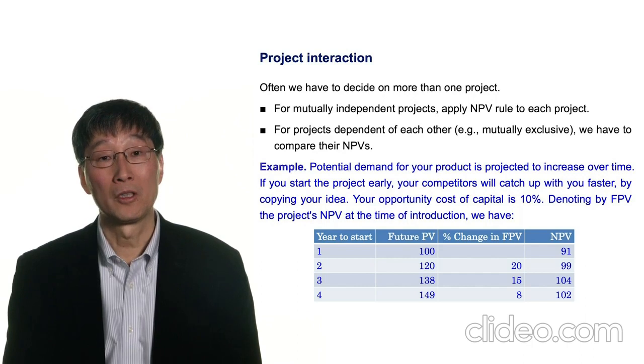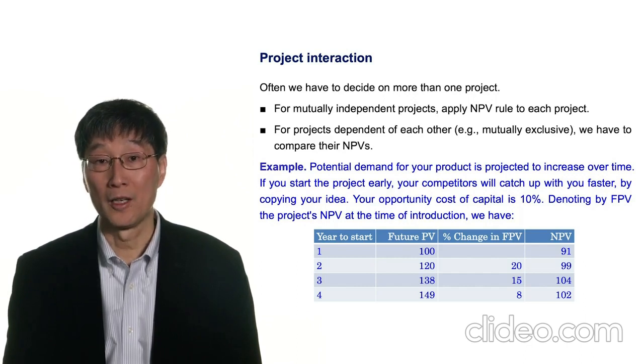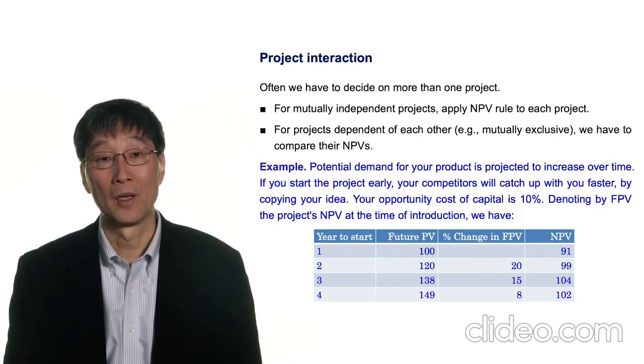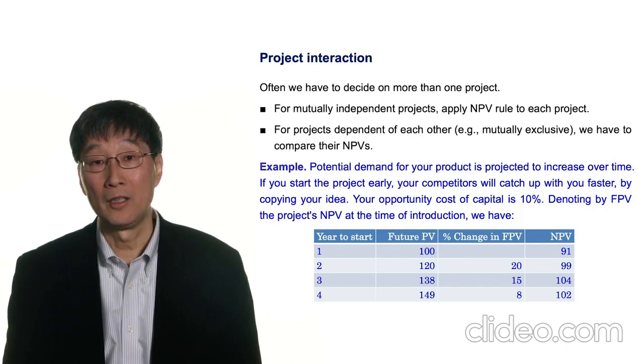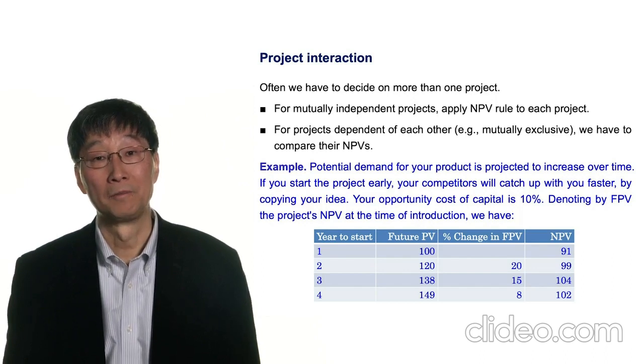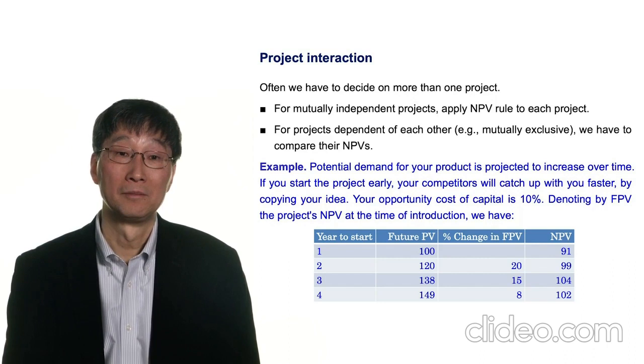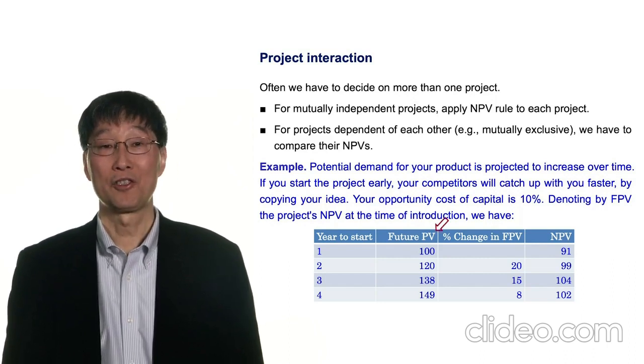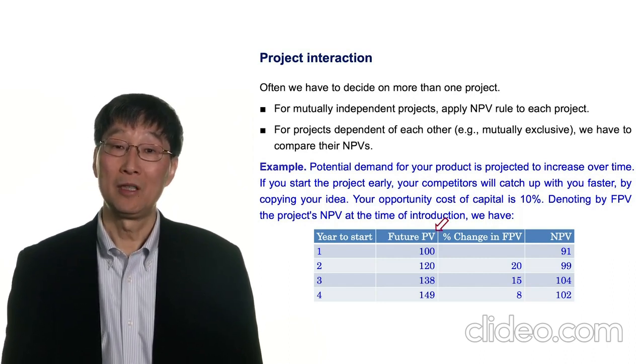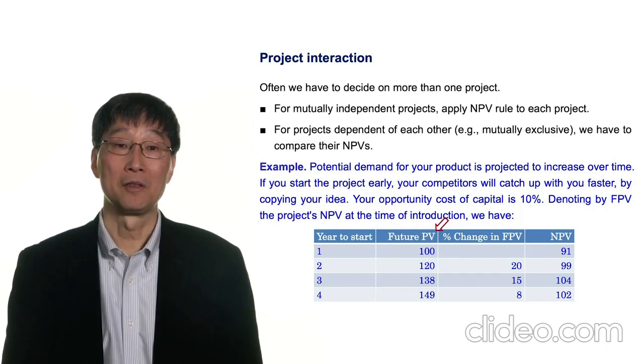Let's assume the opportunity cost of capital for the project is 10%. We can compute the NPV for each launching date at the time of launch. We denote this by FPV, the project's future present value. The numbers are reported in the table. If launched in year 1, the NPV then is $100 million.